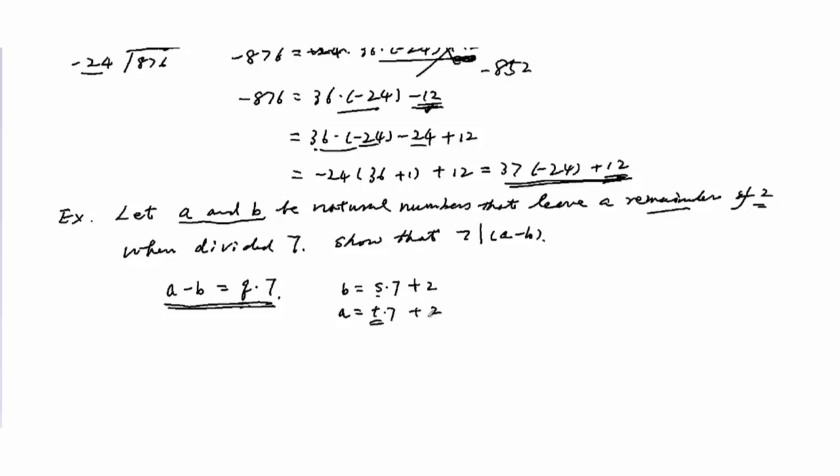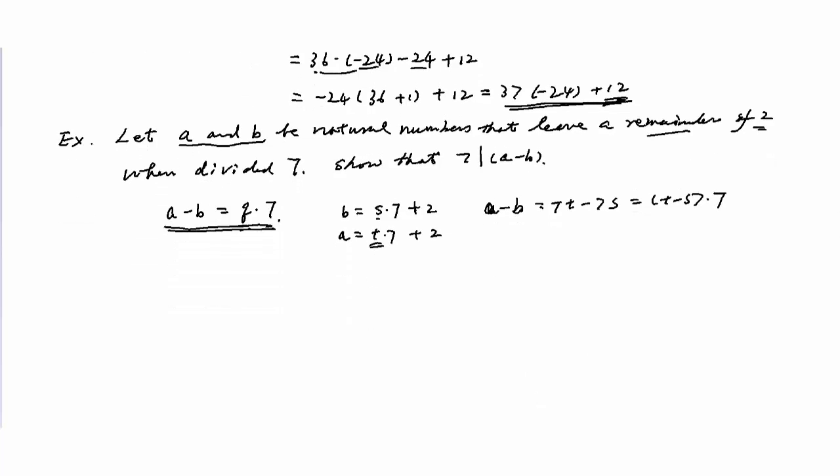So if you take A minus B, then you get 7t minus 7s, but 2 cancels. You can factor 7, so you get t minus s times 7. So this gives you the idea of how we prove this.